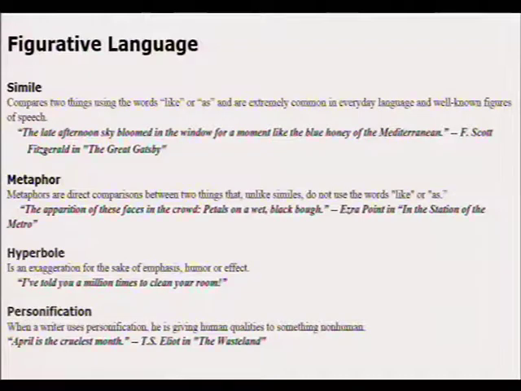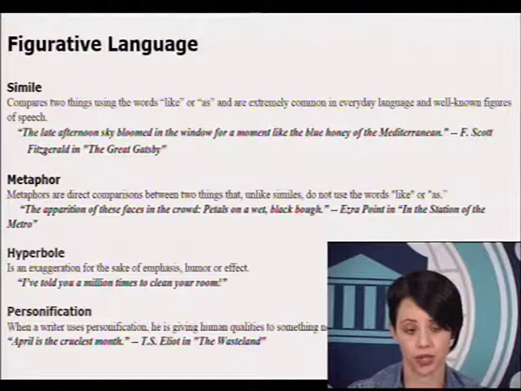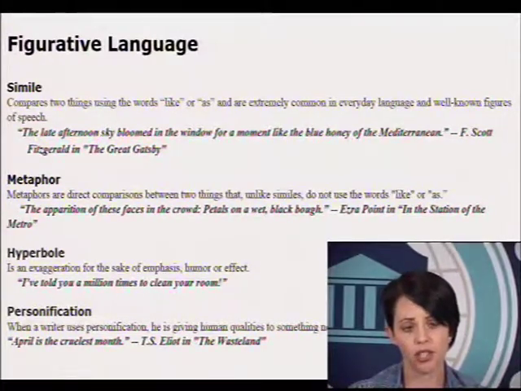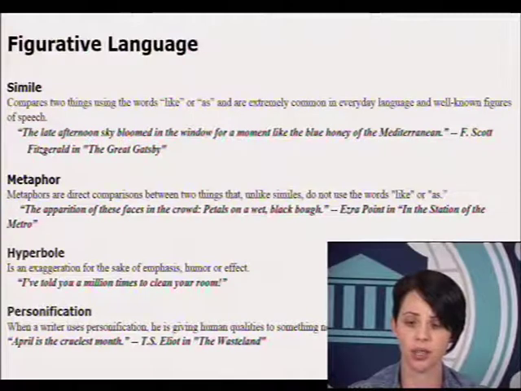Figurative language. So we'll quickly go through the different types of figurative speech and their meanings and examples. You need to know these in order to use them properly within literature. A simile. A simile is a comparison between two things when you use the words like or as, and they are extremely common in everyday language and well-known figures of speech.